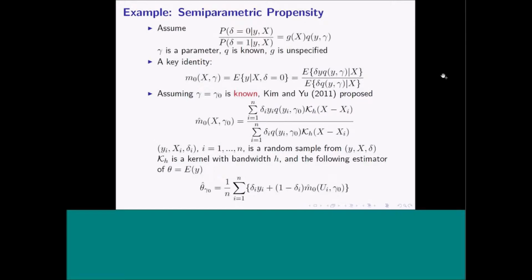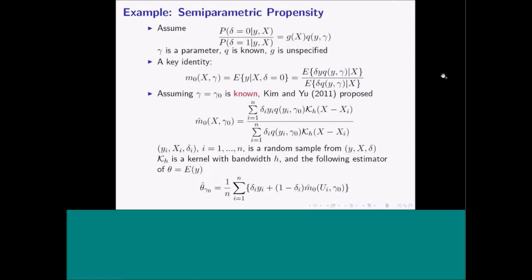So here is a closer look at what has been done. We are going to assume the propensity has some kind of form.